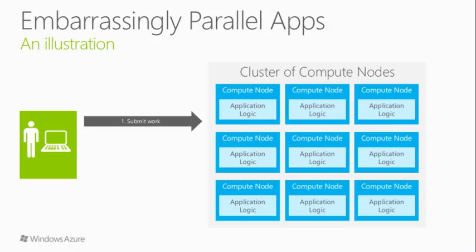Since the generic instances don't necessarily have InfiniBand, you can simply spin hundreds of them up and be able to scale linearly, since they don't really have to communicate with each other very much. So we'll show some examples of that as we go forward.